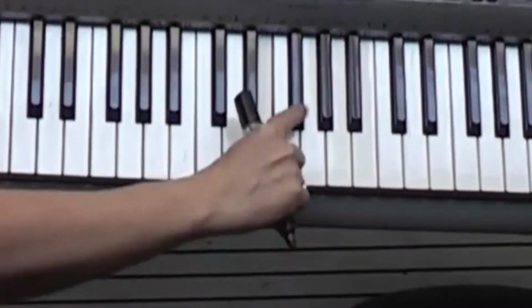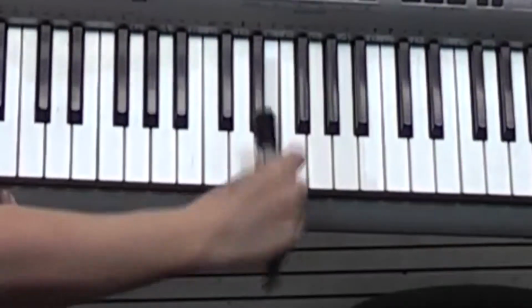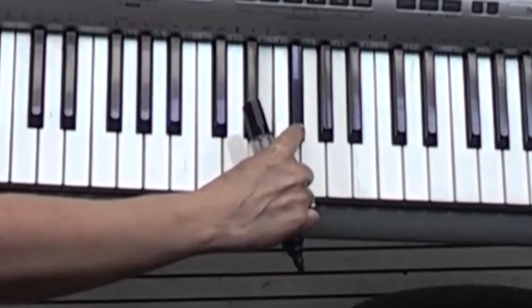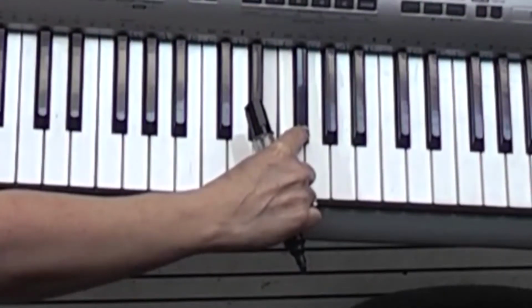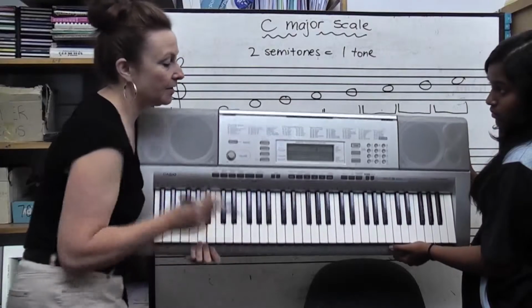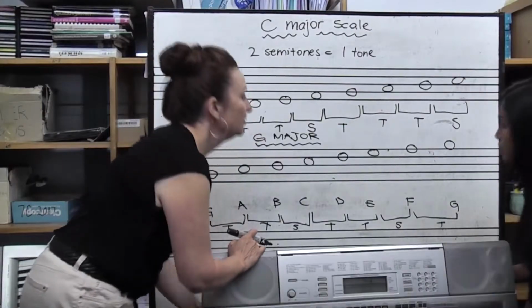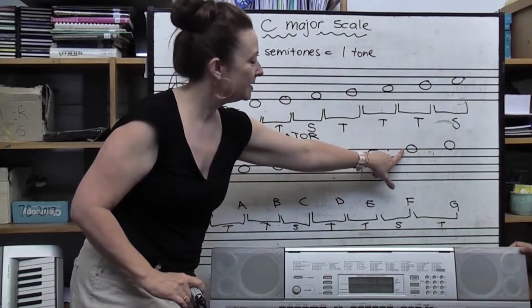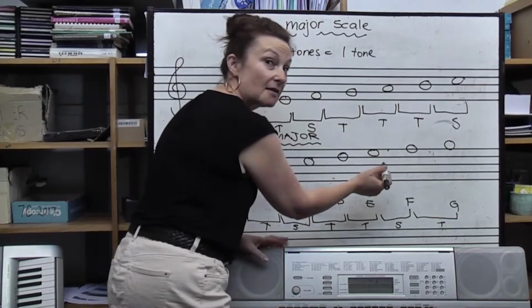We need a tone, not a semi. At the moment, it's a semitone. We need a tone. In order to get a tone, we need 2 steps. 1 step, 2 steps. That's an F sharp. So if we have a look, what we need to do is to make this F an F sharp. How do we make it a sharp?